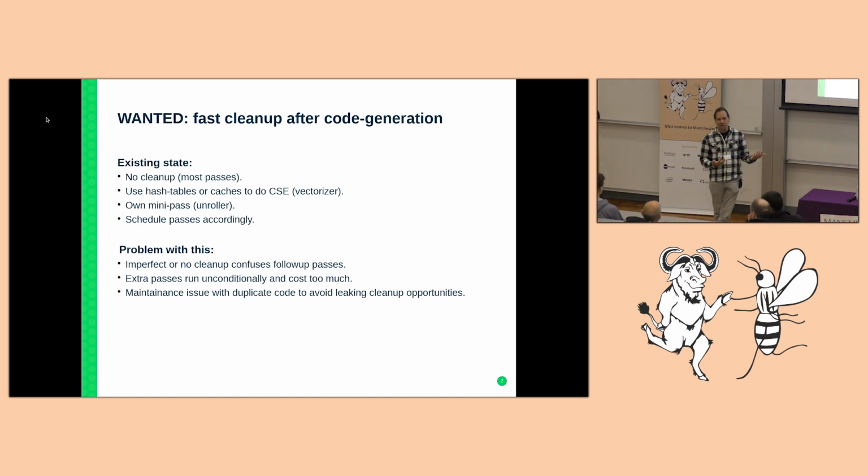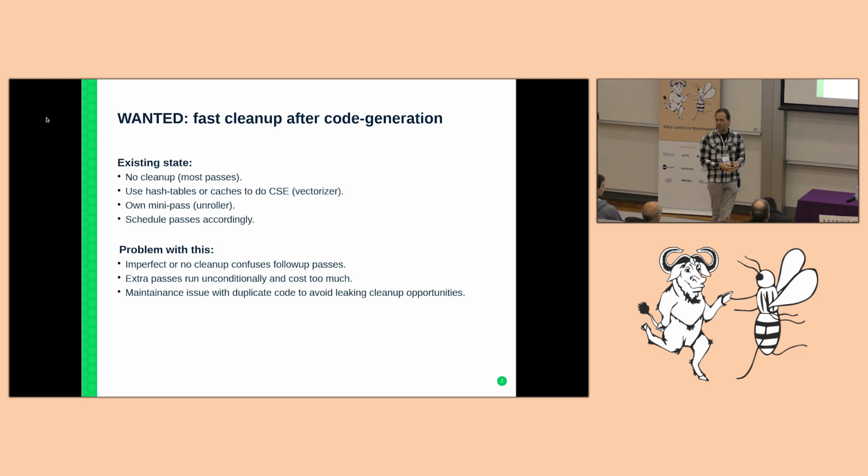And what's the problem with this? This is, of course, always an issue in follow-up passes that are confused by not optimized code. This requires us to carefully schedule passes. For example, after our loop passes, we lack a real pass doing CSE on memory.